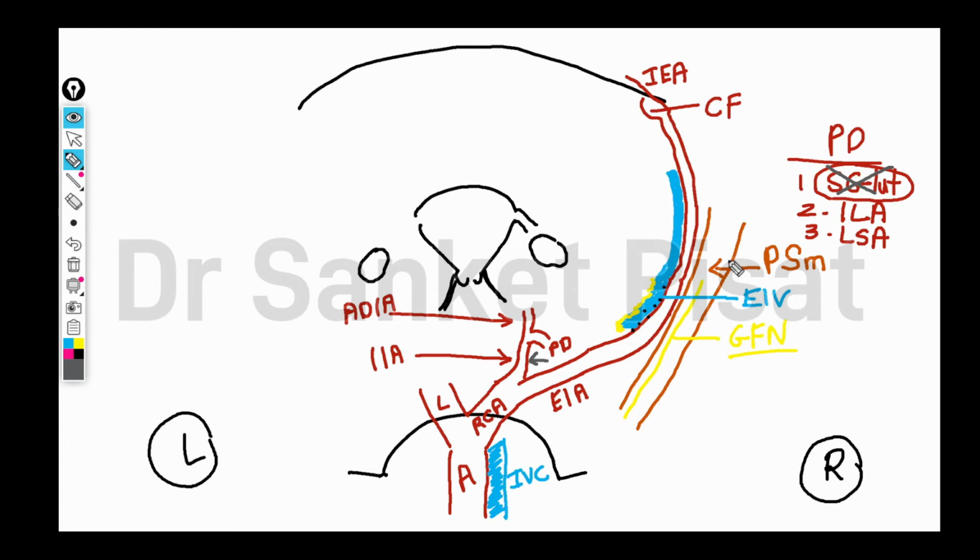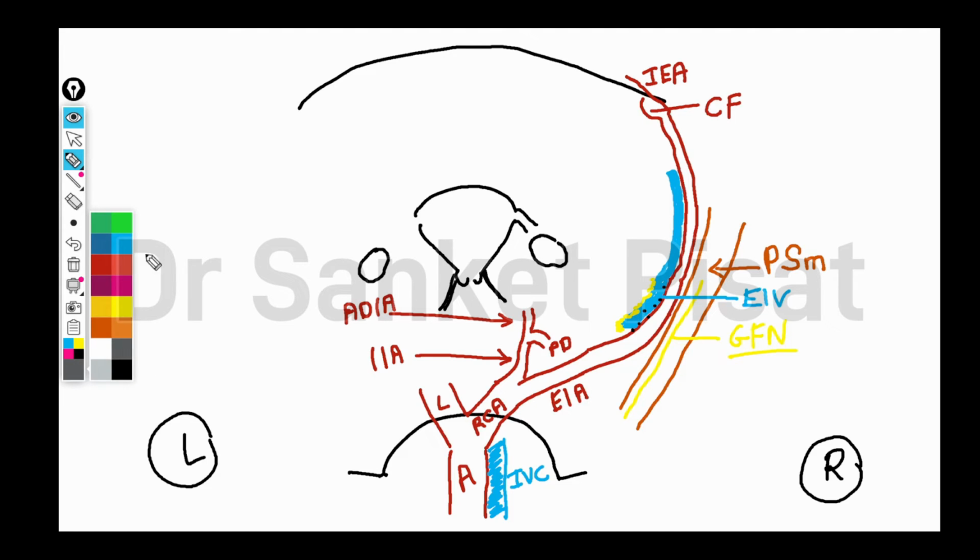And most of the times, even if you wish to do it, it is not possible to do it accidentally, because the posterior division immediately leaves and is not accessible to a standard skilled operating surgeon. For somebody with fantastic skills, they can demonstrate the posterior division, but generally not possible for a standard skilled surgeon.